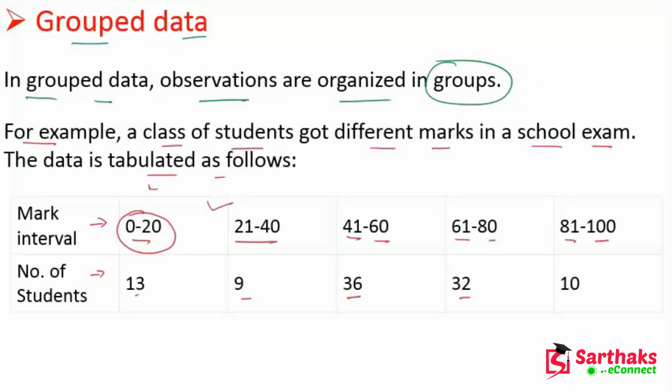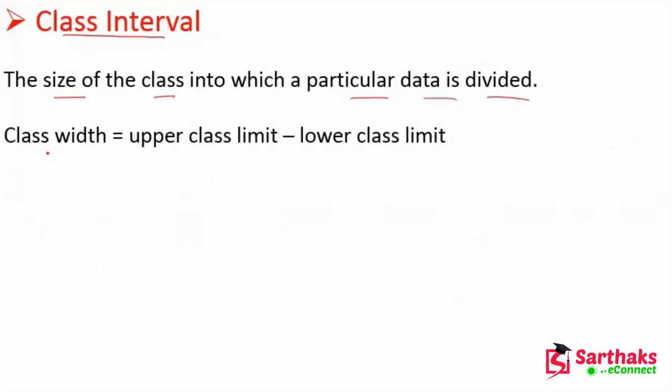Here you can see this 20 is the upper limit, and this 0 is the lower limit. Got it? Understand? Now what is class width? Class width is upper class limit minus lower class limit.